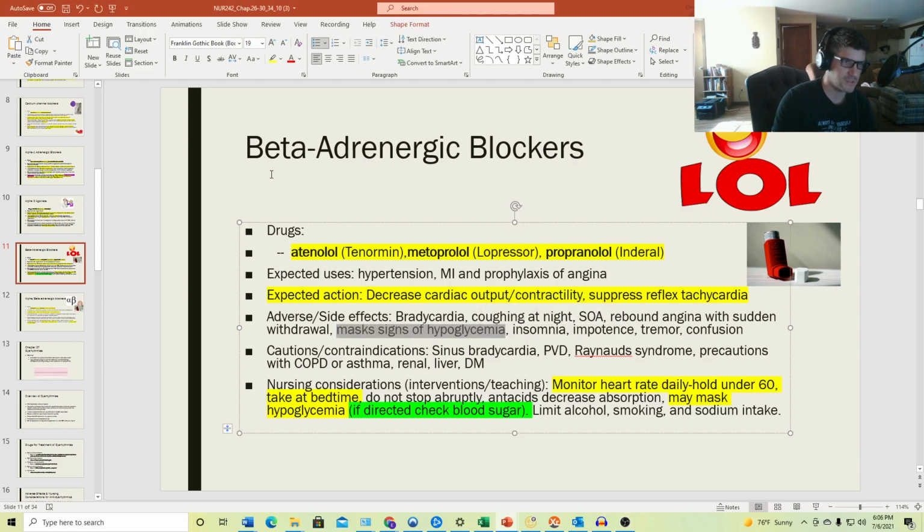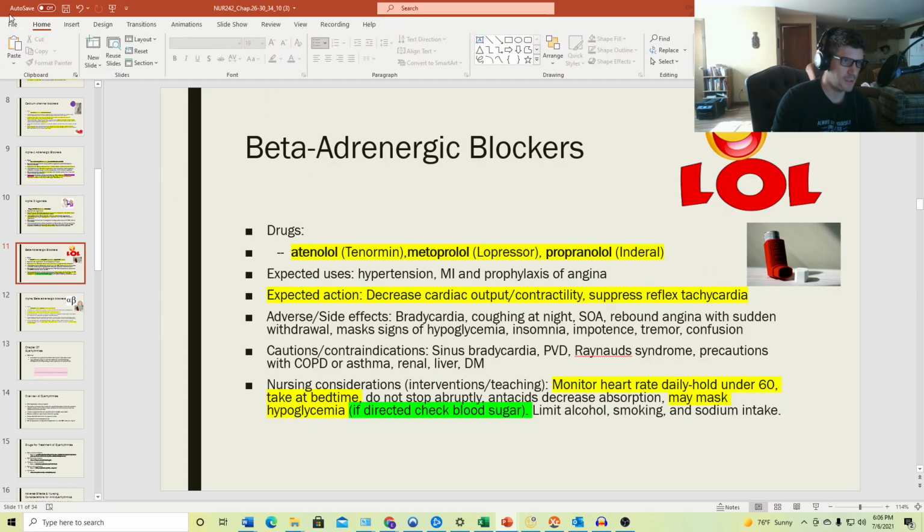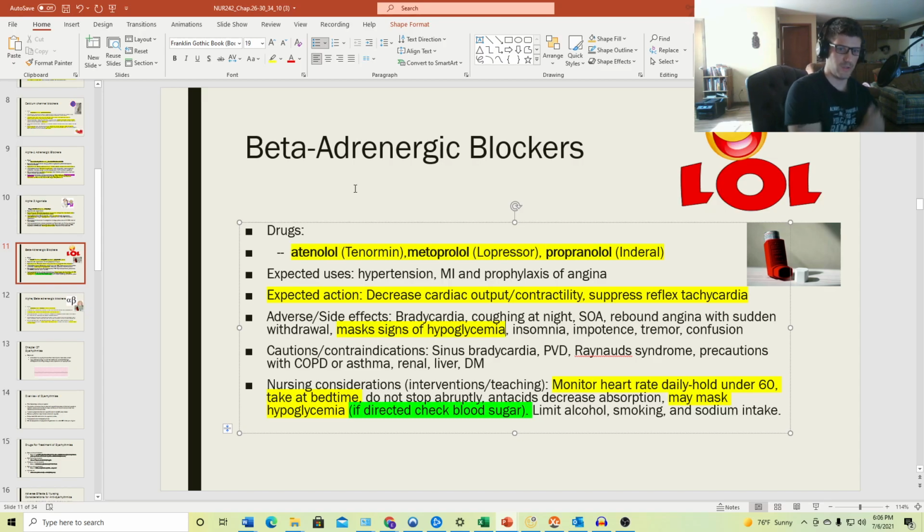I remember her saying something about that. So we'll go ahead and highlight it. Again, bradycardia, coughing at night, SOA, rebound angina with sudden withdrawal, masks signs of hypoglycemia, insomnia, impotence, tremor, and confusion. So big thing there is going to be checking blood sugars right there at the bottom.